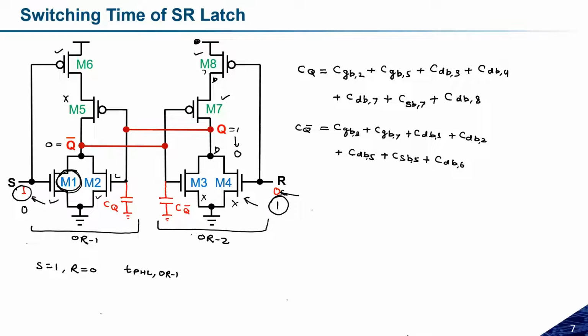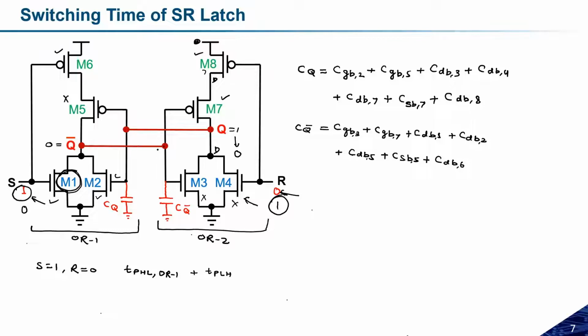Now similarly, because this R1 output is getting discharged, it will force the other one to charge. So I need to consider another thing, which is the tPLH.